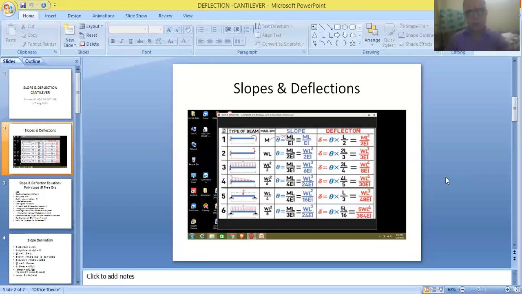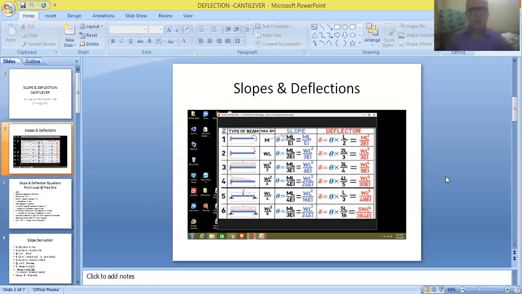But also in the case of the same beam, it will be different for point loads as well as uniformly distributed loads. So slope and deflection values depend upon the type of beam taken into consideration, and also upon the type of load that is acting on the top surface of the beam.